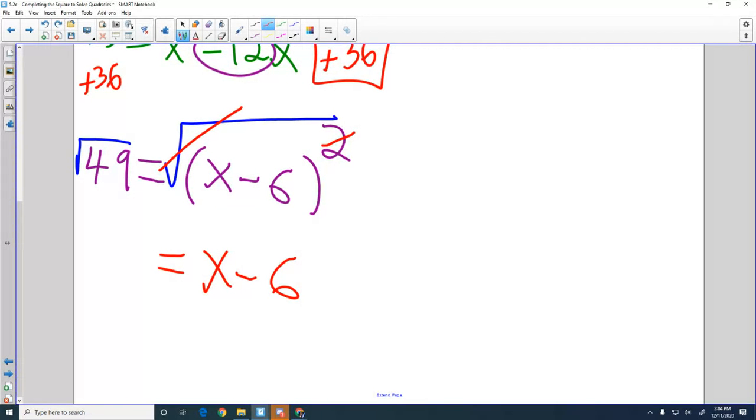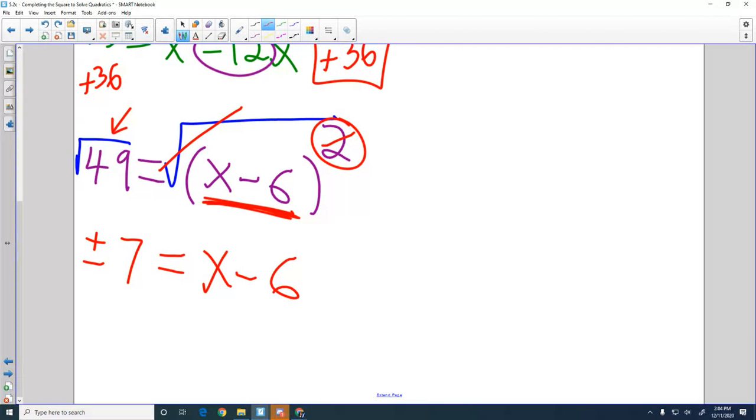We need to put that plus or minus in front. Because if x minus 6 equals positive 7, or if this piece were a 7 or a negative 7, when we square it, we'll still get a positive 49. So that's why we take both positive 7 and negative 7 into account.